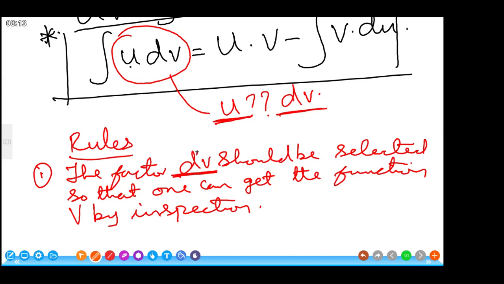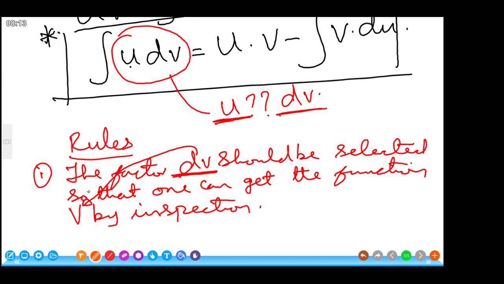Once you identify dv, it should be convertible to v. What is this process, dv to v, how do we call that process? Integration. Yes, integration. So first we identify dv and see whether we can integrate that function. If so, then it will be considered as v. Okay?